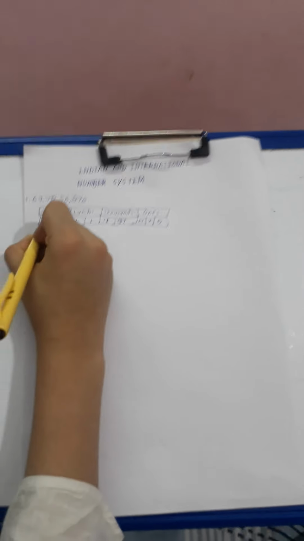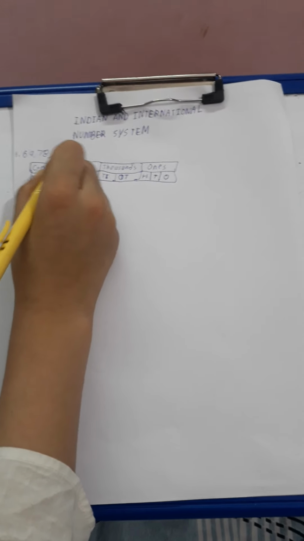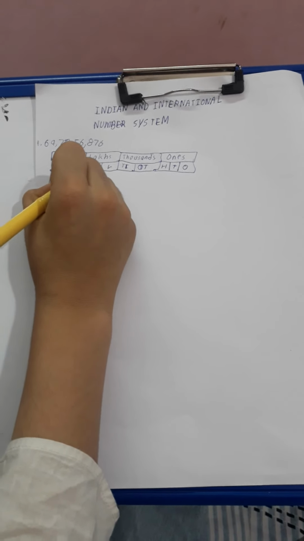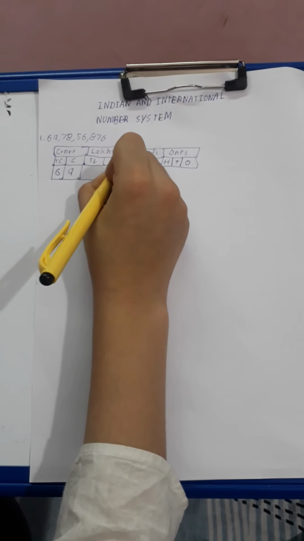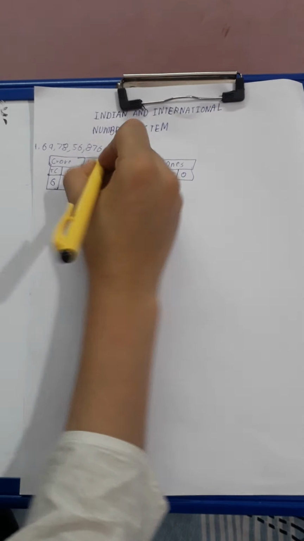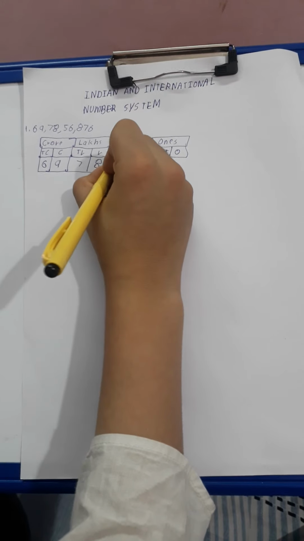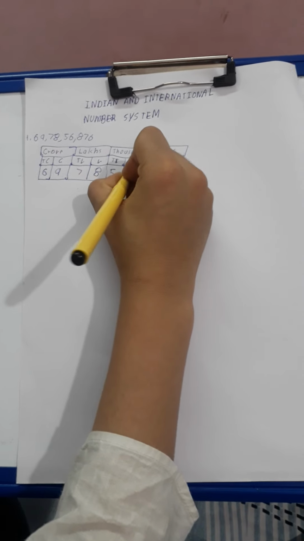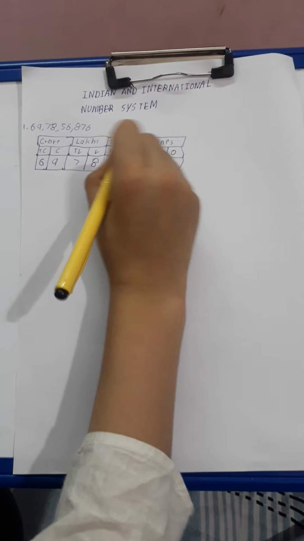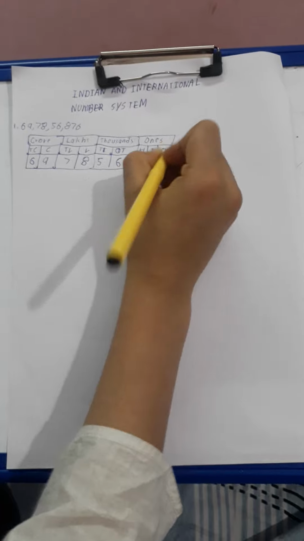First, TC means 10 crore, so we write 6 there and 9 next to it, and then the next period. Then we write 7, then 8, then 5 because it is 56,000, then 6 in the thousands, 8 in the hundreds, 7 in the tens and 6 in the ones.